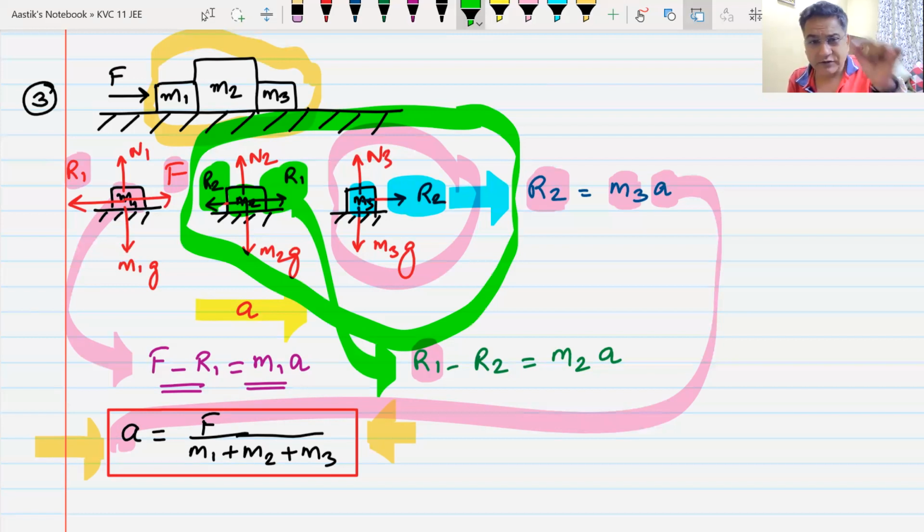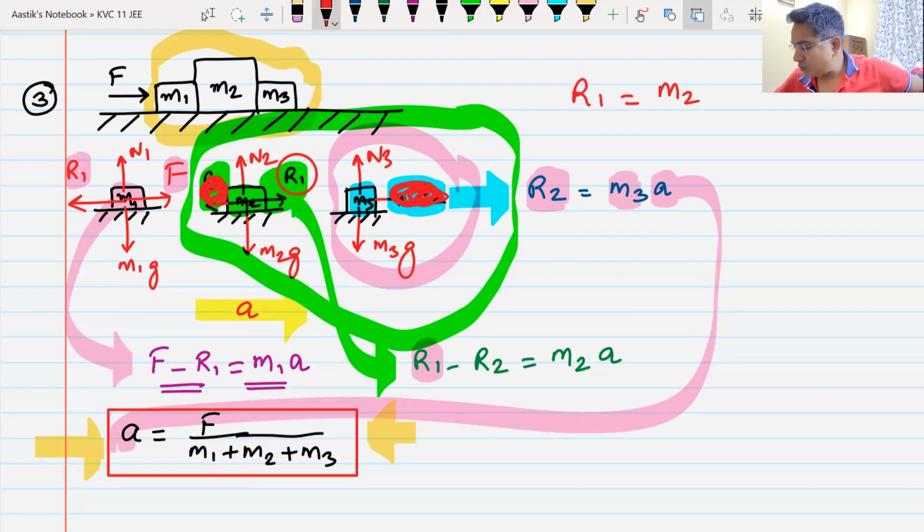Now, if you take M2 and M3 as one system, what happens? This R2, which is the internal force, will get cancelled, and the only force that remains is R1. So since you have taken two blocks as one system, you can write R1 as M2 plus M3 multiplied by A. And you have already calculated the value of A.